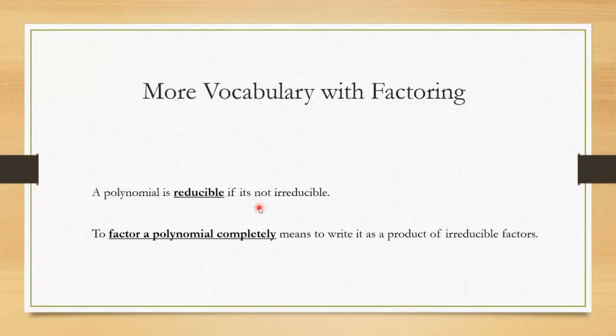Now, here's some more vocabulary. A polynomial we say is reducible if it's not irreducible. So it's either irreducible or reducible. Basically, it's going to be reducible if it has a factorization besides a trivial one.